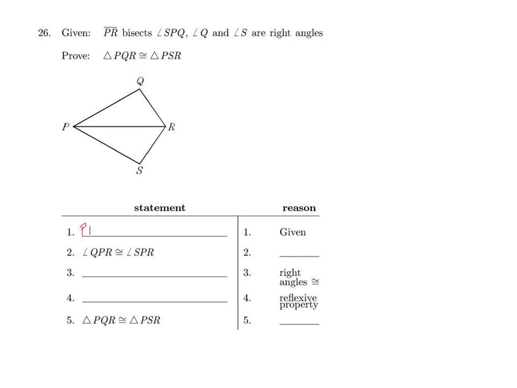PR bisects angle SPQ, and we also have angle Q and angle S are right angles. That's all given information. Then I know QPR is congruent to SPR. Why? Well, the angle is bisected. So that's just the definition of angle bisector.